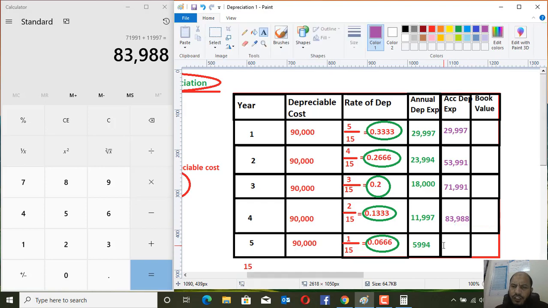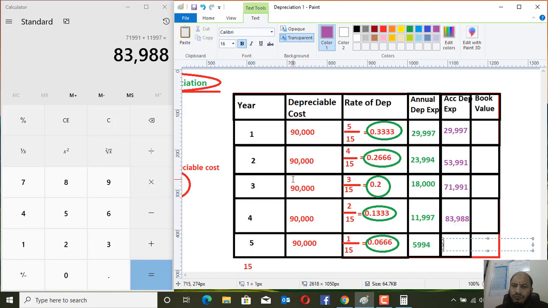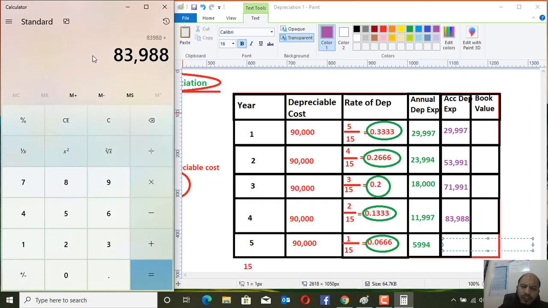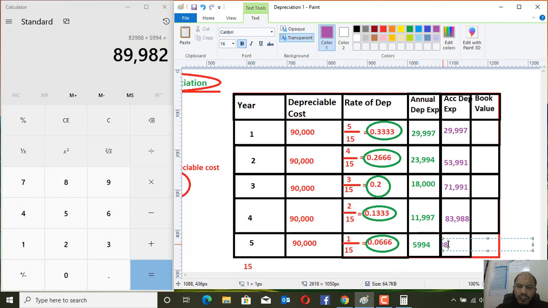And finally we will add the 5,994 with it, and this is equal to 89,982. Dear students, here it was required that we have a result of 90,000.